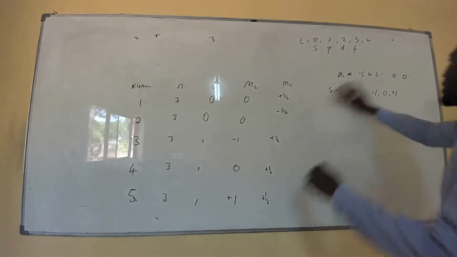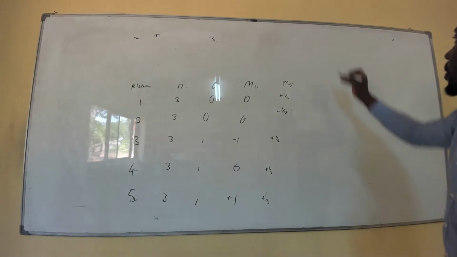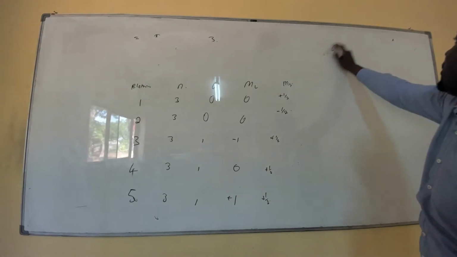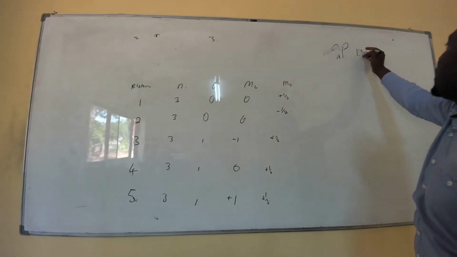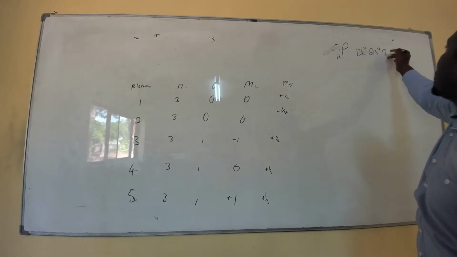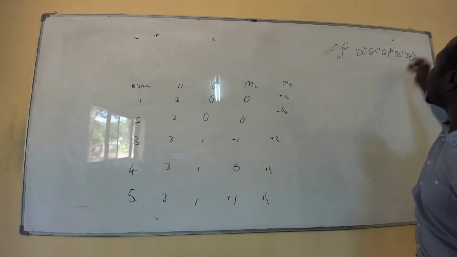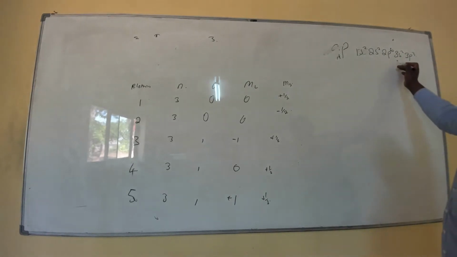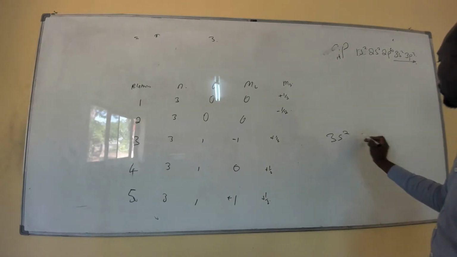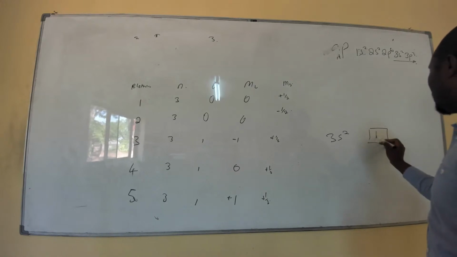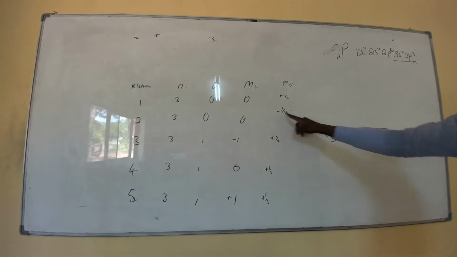So if we were to draw this using boxes, we know that this is phosphorus, 15: 1s2, 2s2, 2p6, 3s2, 3p3. So if we use boxes for the final electrons, the 3s2 will have two electrons with opposite spin, a positive and a negative.